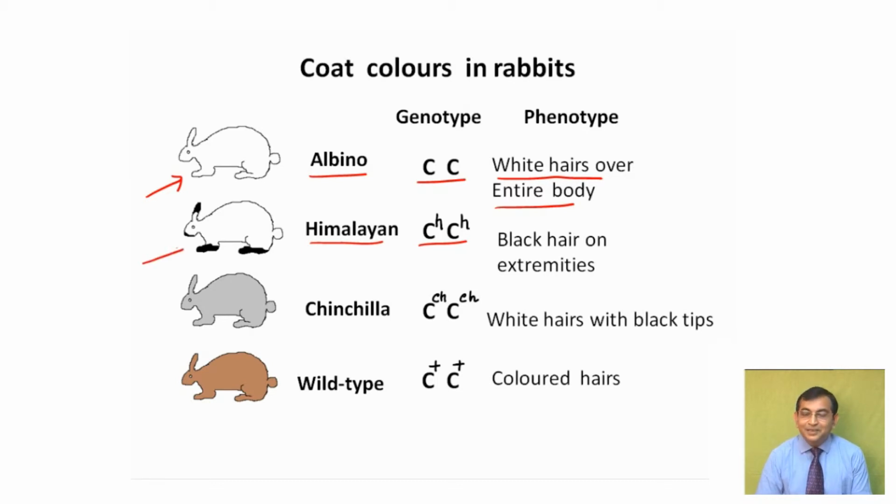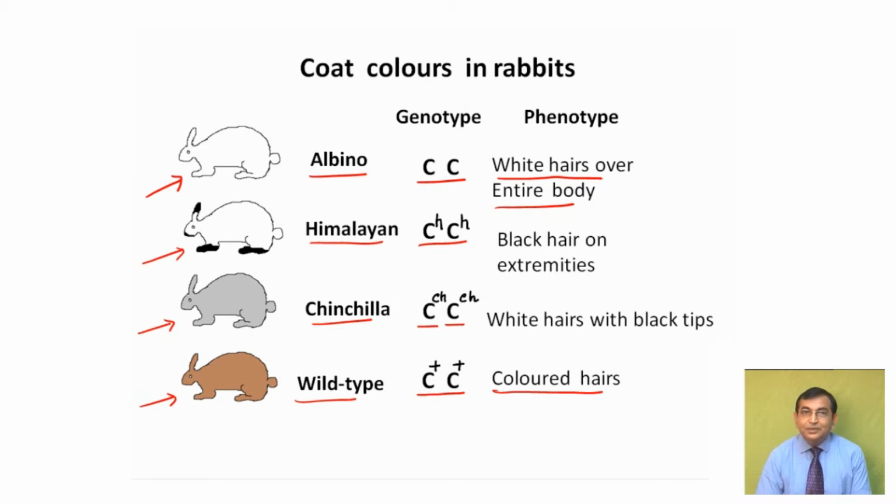In the case of chinchilla, which is represented by the genotype cch cch, there are white hairs with black tips. Wild type coat color, which is represented by the genotype C plus, has colored hairs. So, this is the case of coat colors in rabbits.